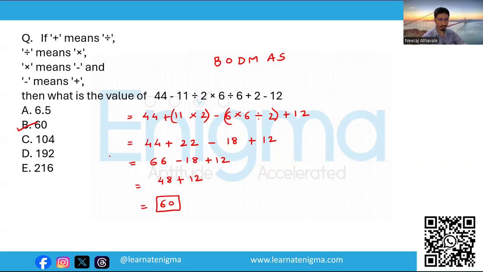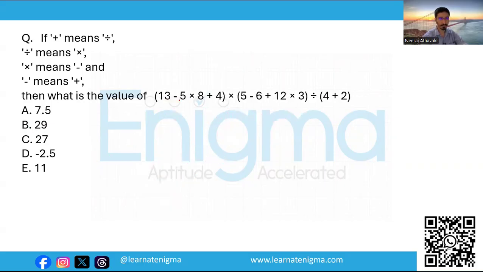Let's see the next one now. Again, we have brackets. So we have to do it by BODMAS. Let's replace the signs first. So 13 minus means plus. So 13 plus 5. Multiplication means minus. So minus 8 plus 4.